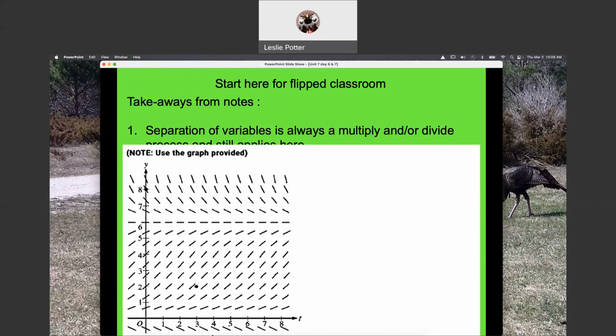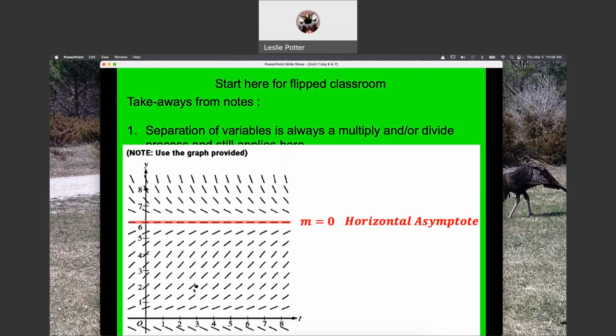For the particular solution, if I want to go through a particular point, which is what we're focused on today, that means I have to have some sort of x and y coordinate that says, hey, what's the equation through the point 3, 2? Then I know I need to do a particular solution. It's nailing it down. It wants to go through this point here, which means I can't be up here above the horizontal asymptote. I have to be between them, okay?